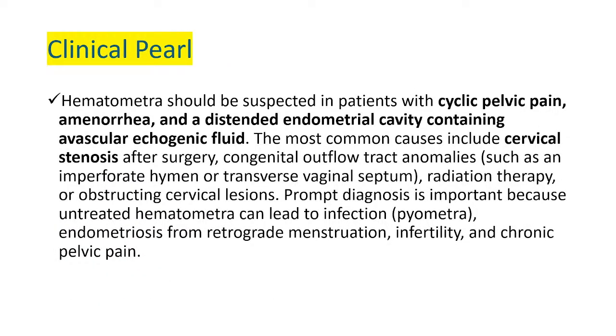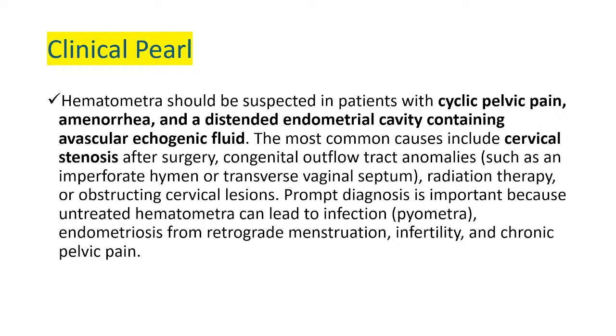So the clinical appeal, you take home. Hematometria should be suspected in patients with cyclic pelvic pain, amenorrhea, and a distended endometrial cavity containing avascular echogenic fluid. The most common causes include cervical stenosis after surgery, congenital outflow tract anomalies such as an imperforate hymen or transverse vaginal septum.